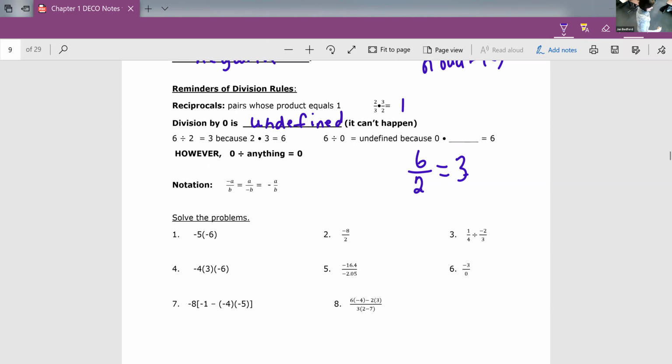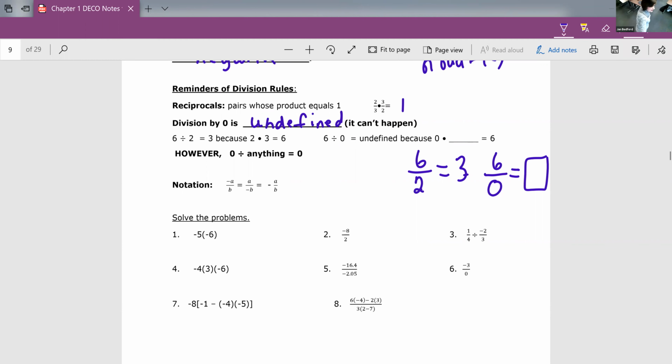Or if I divide, I can undo it if I multiply by the same number. But look at this. If I took 6 and I divide it by 0, and I ask you what that equals, this is asking what number do you multiply times 0, and the answer would be 6. Can I multiply any number times 0 and get something different from 0?